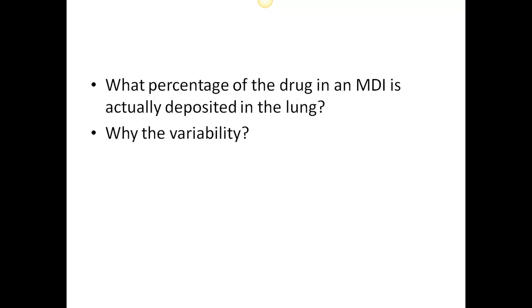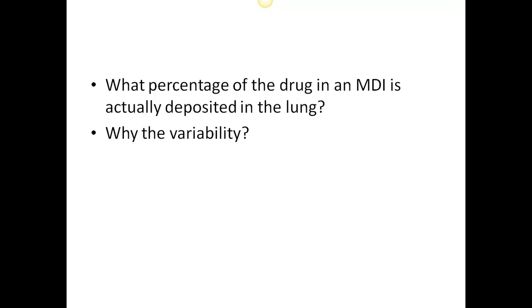So what percent of the drug in an MDI is actually deposited in the lung? This can vary a lot depending on the technique. Again, we say somewhere between 10 to 15% under optimal circumstances, but the variability is based on the technique, including the patient's breathing pattern.